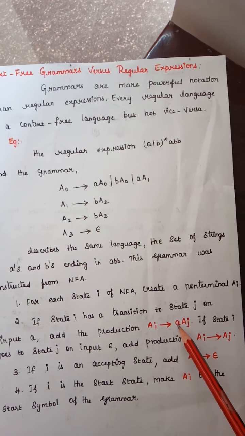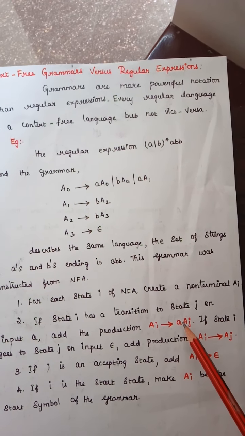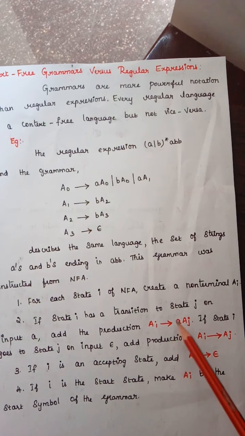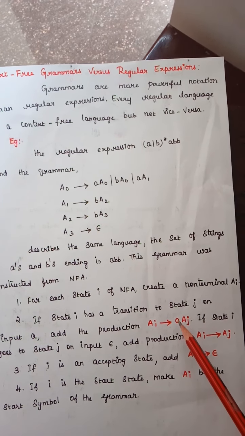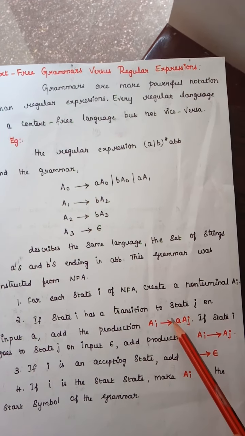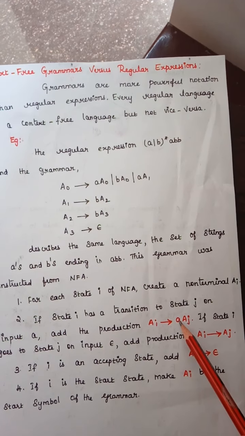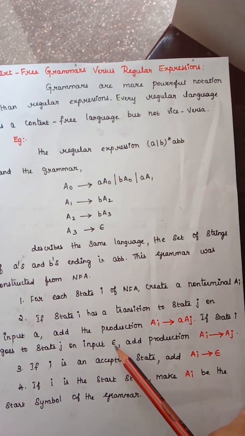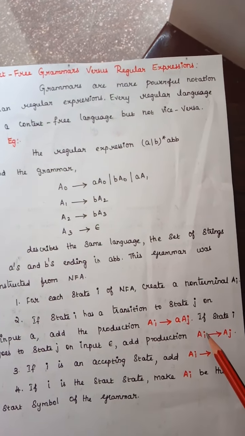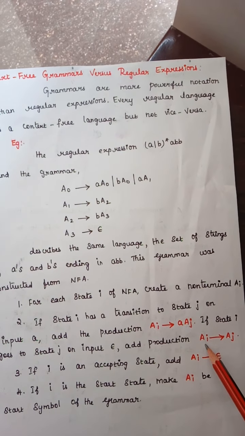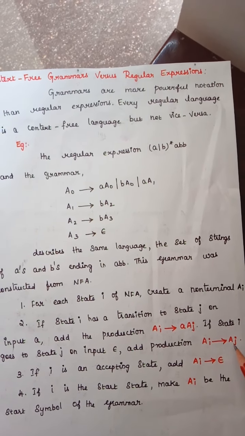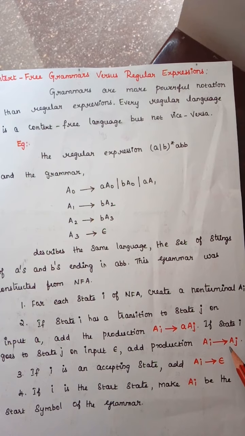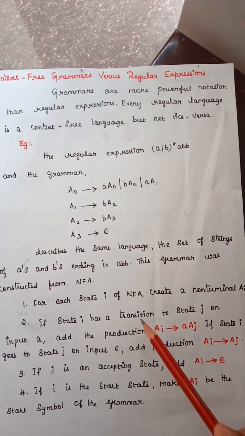If the transition from I to J is on input epsilon instead of the input symbol A, then the production is AI derives AJ. So this is our second rule.